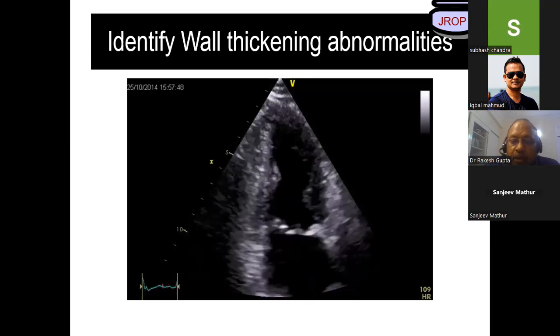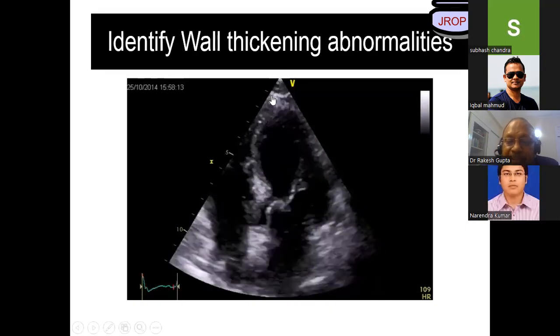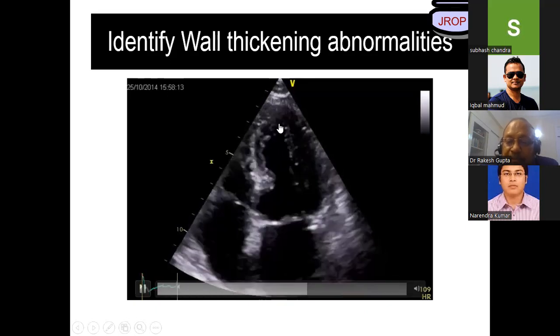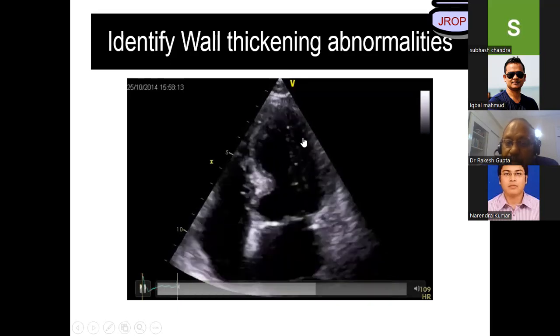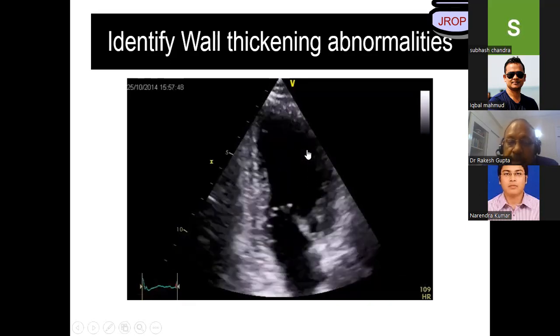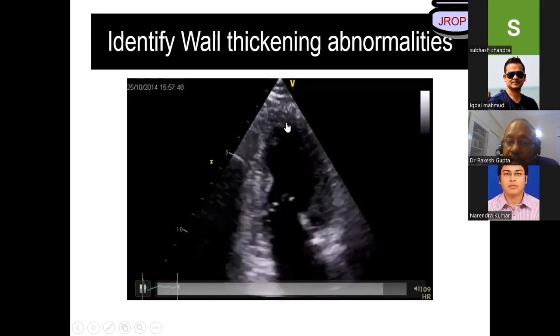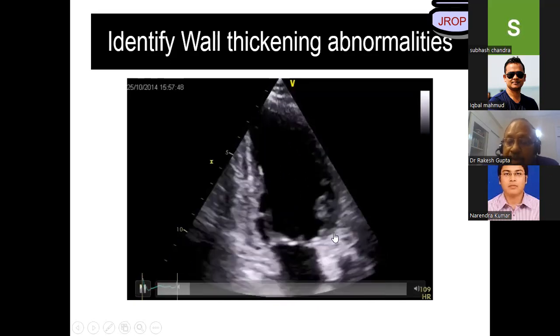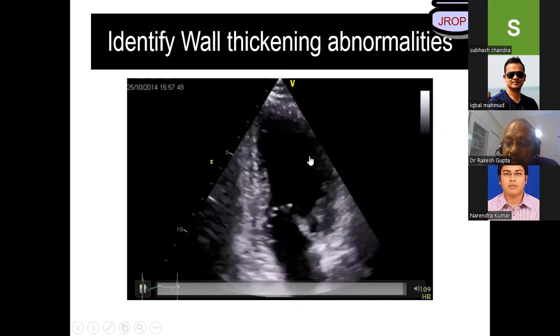Look very carefully. I'll go back and explain again. LBBB will affect what? Septum. It will not affect lateral wall. Lateral wall is normally contracting. LBBB will affect septum. It will not affect anterior wall. Whole of the anterior wall is supplied by LAD. Look at the thickening of anterior wall.